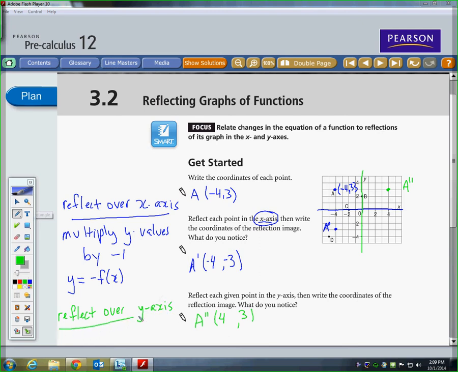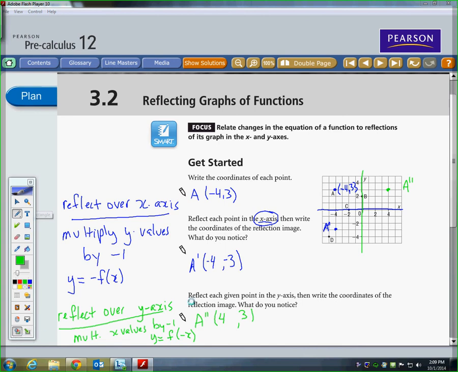And so what do we do? We multiply the x values by -1. And my short form of that is y is equal to f of -x. Okay, so maybe we'll be referring to that in a little while.